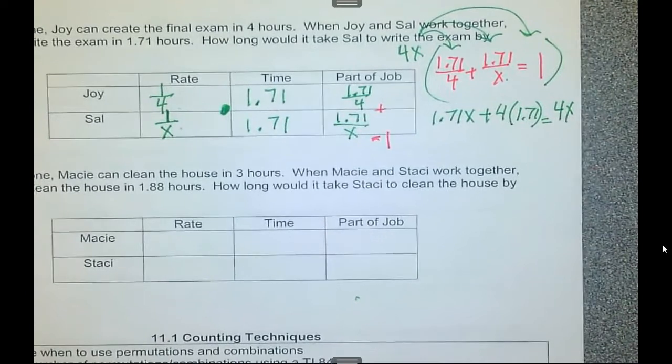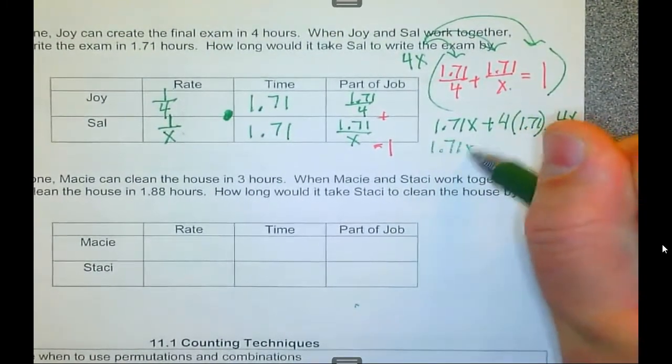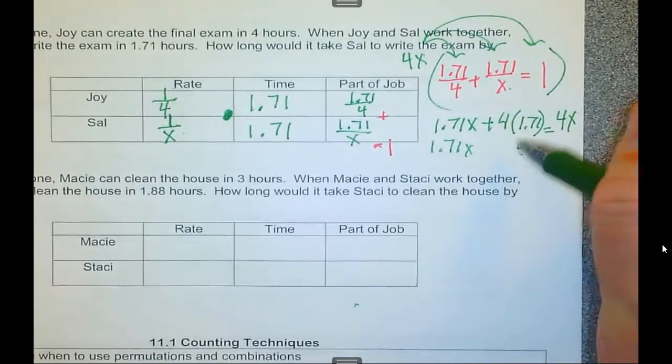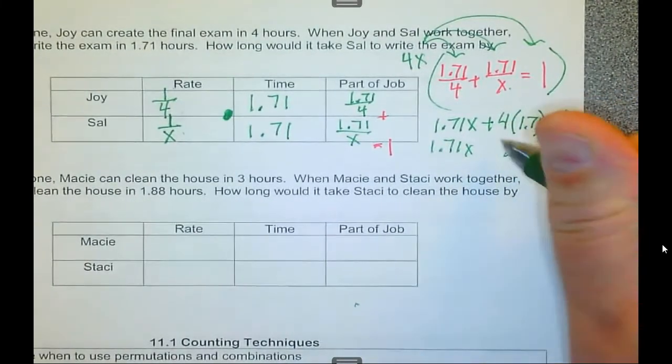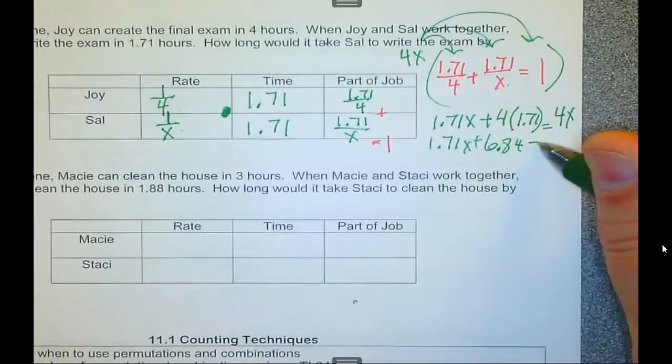Okay, what's 4 times 1.71? I don't know. 6.84, maybe.